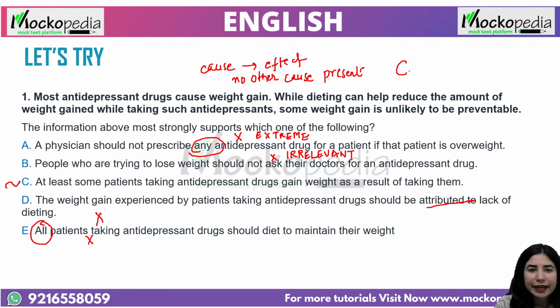Just get the process right, apply the steps, and get reassured that if you would have done it on your own, you would have still marked C. I'm sure you've tried. So let's move to the next question.